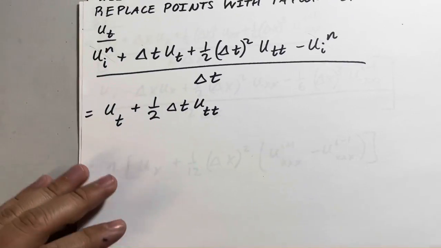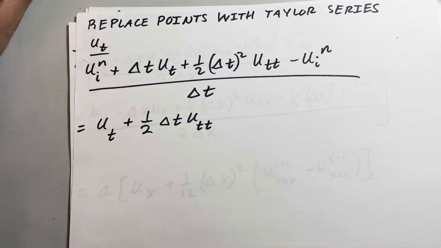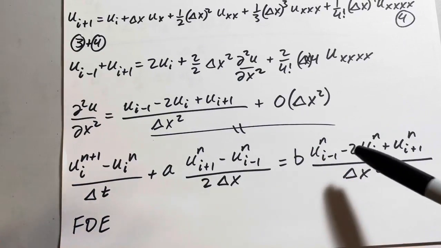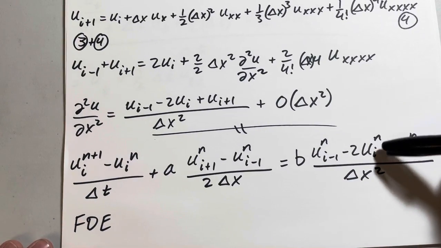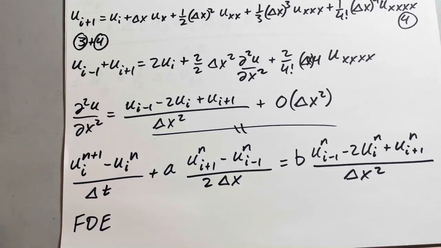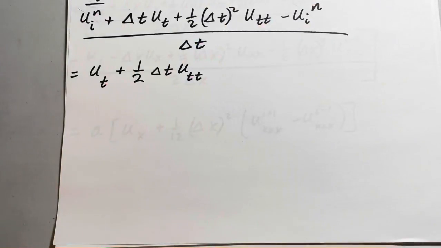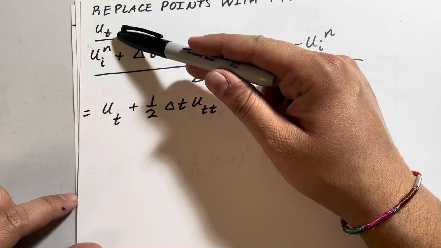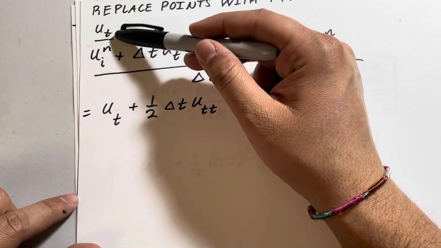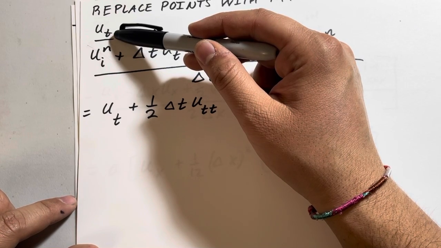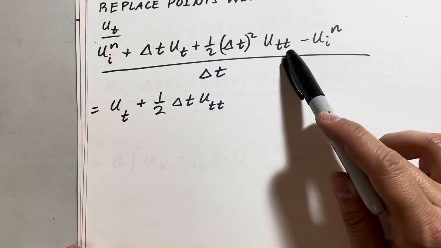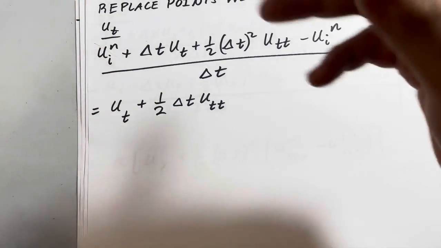Okay, in order to find the truncation error of that, we need to replace everywhere that we have something that is not u_i of n, it's going to be replaced with its Taylor series representation. So we're going to begin with the u of t. This would be the first order derivative of u with respect to t. And these Taylor series would be the previous equations that we had.